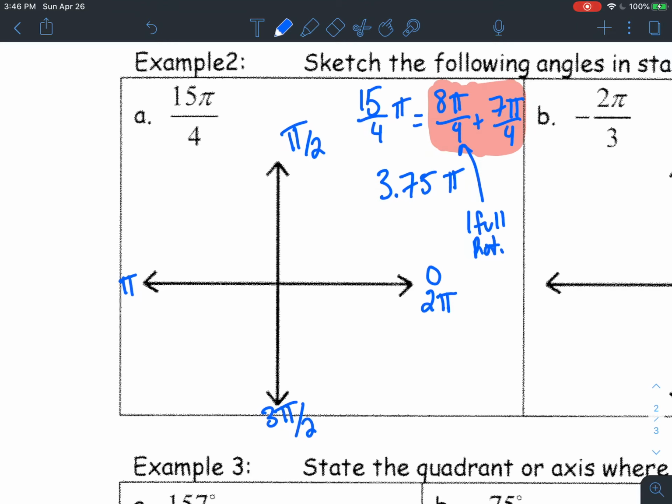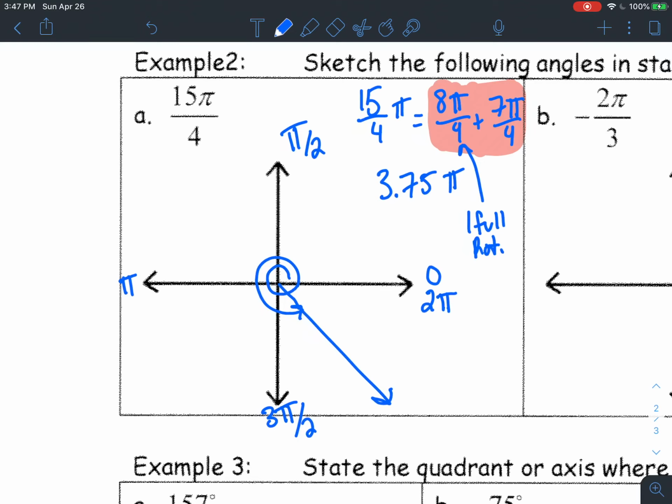So it's a little bit weird because we have 1 full rotation, that would be the 8 pi over 4, and then almost a whole other rotation with 7 pi over 4. So that's one way of doing it. It's very, very confusing. It's very odd and takes a lot of getting used to.